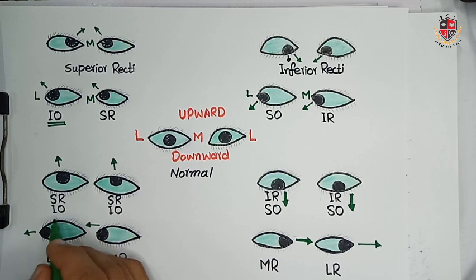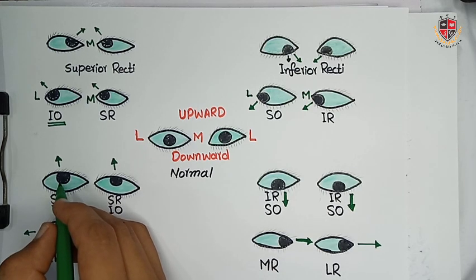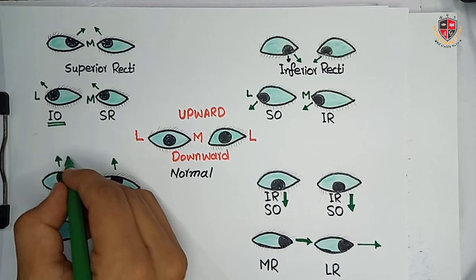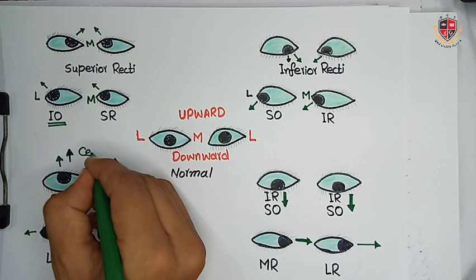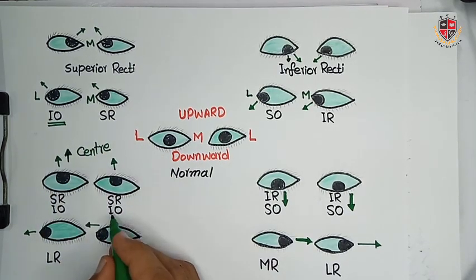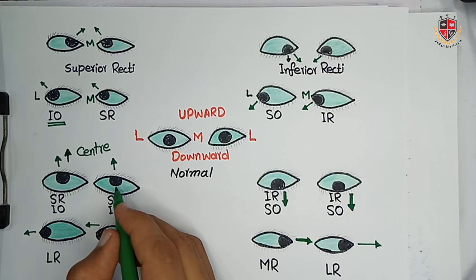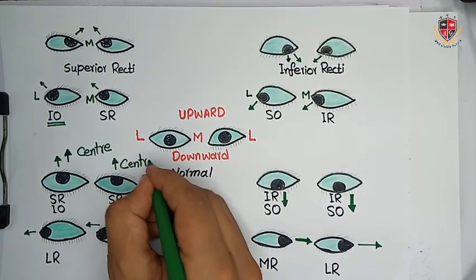Superior rectus and inferior oblique muscle cause the eyeball to move upward in the center. Also superior rectus and inferior oblique cause the eyeball to move upward in the center. This is the same case.